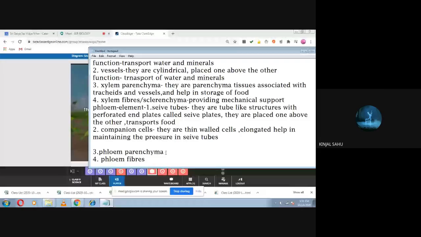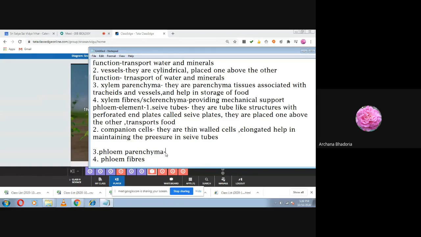Phloem parenchyma. Write down the same thing, that they are associated with the sieve tubes and the companion cells, and the work is the same. They help in storage of food. And the last one, write down fibers.